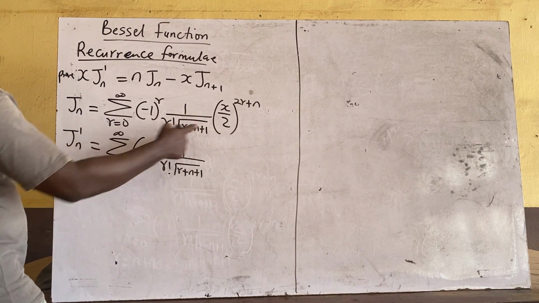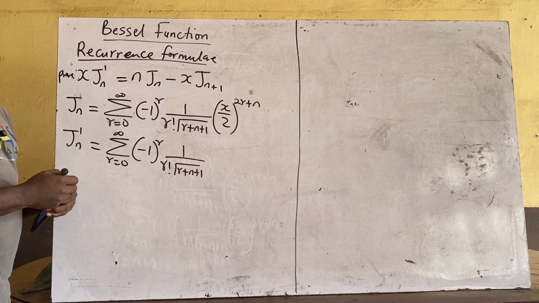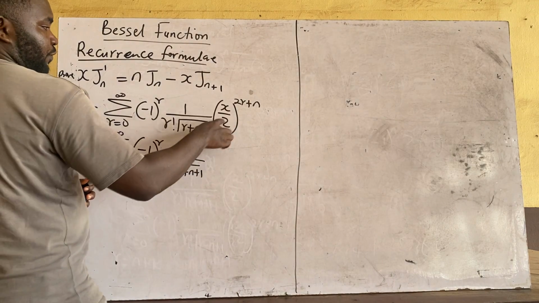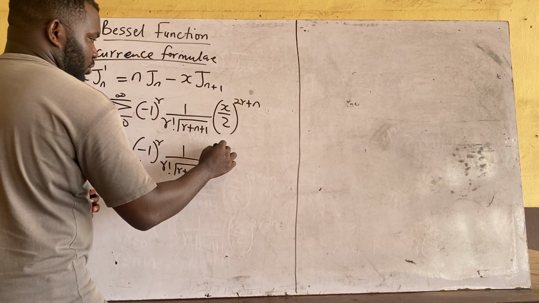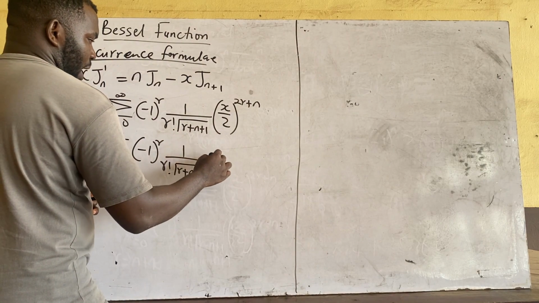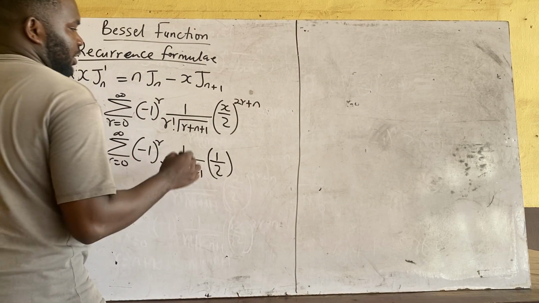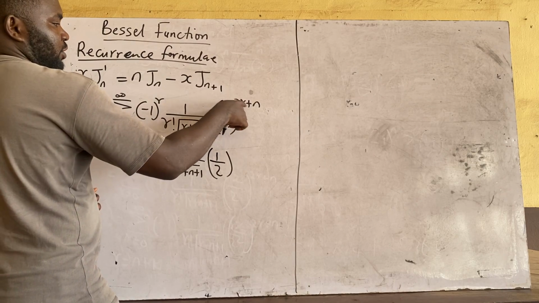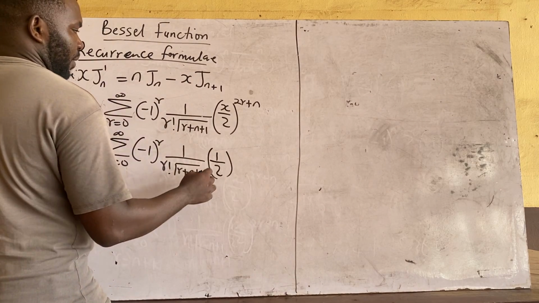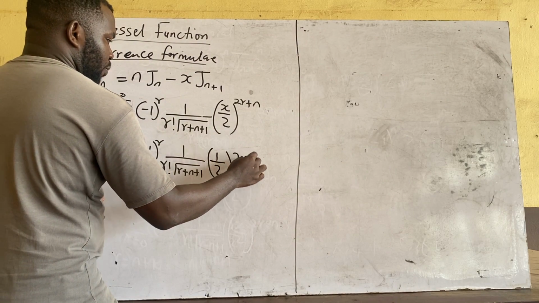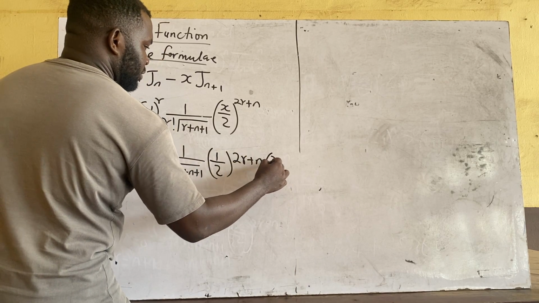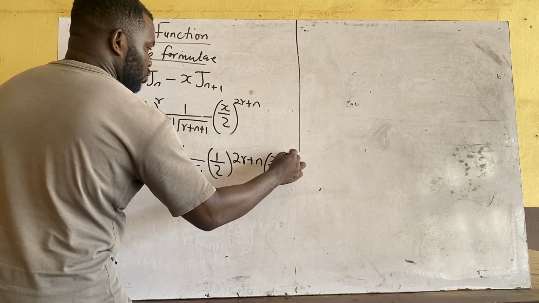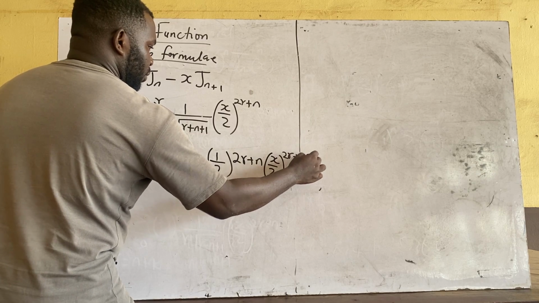Everything here is a constant. So we are differentiating this, and this is a chain rule. The chain rule says you differentiate the bracket, then you differentiate everything. If I differentiate the bracket, I'm going to have 1 over 2. Now, differentiation of this is multiply by the power, remove 1 from the power. So I'm going to have 2r plus n, then x over 2 raised to power 2r plus n plus 1.